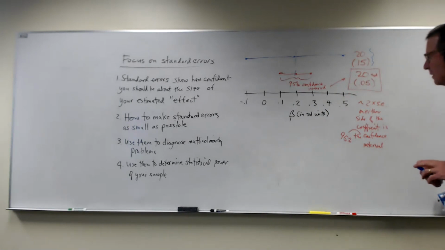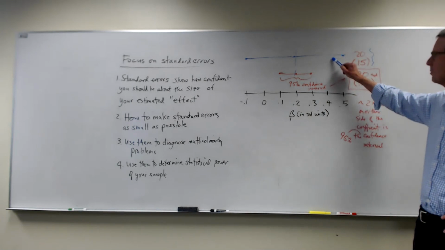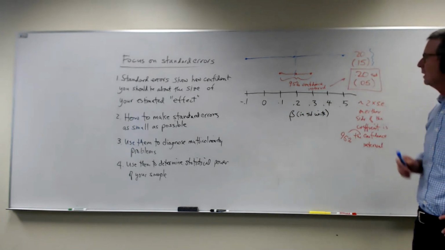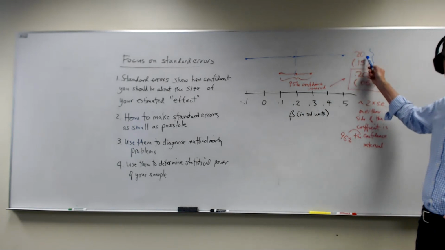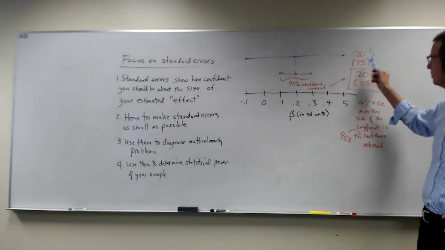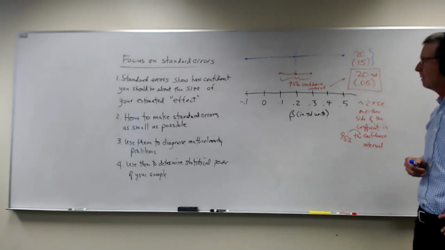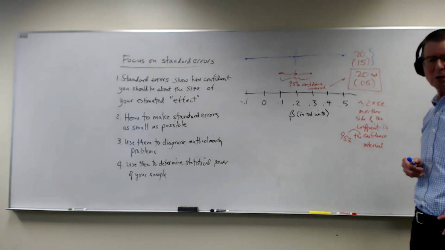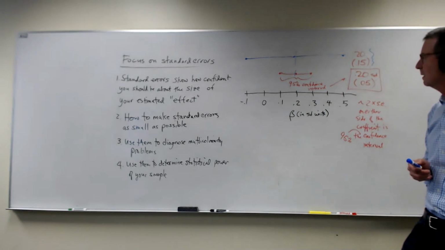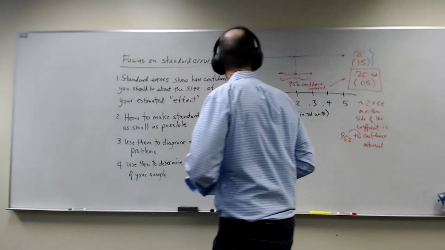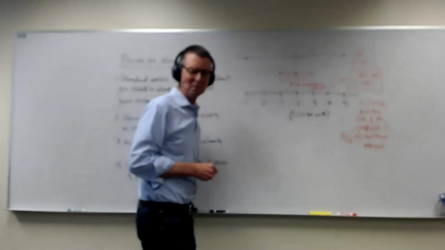One question, this often happens. Let's say you have the smaller sample size, get the 0.2 estimated effect size, standard error 0.15. What's your best guess of what the impact of that treatment is? A lot of people would say 0.